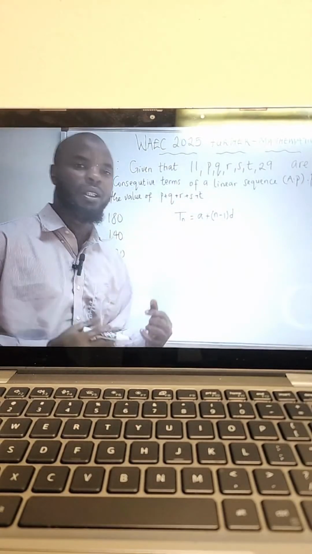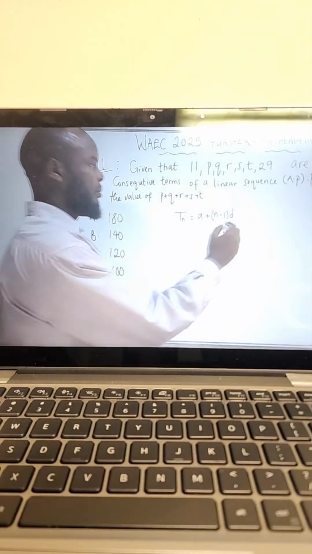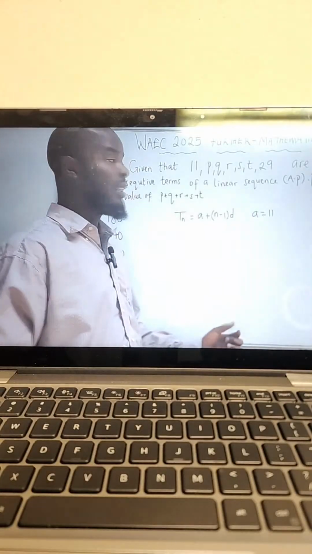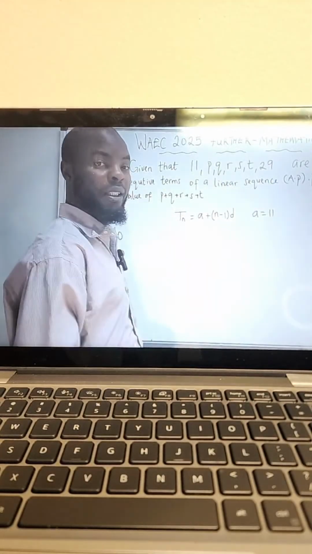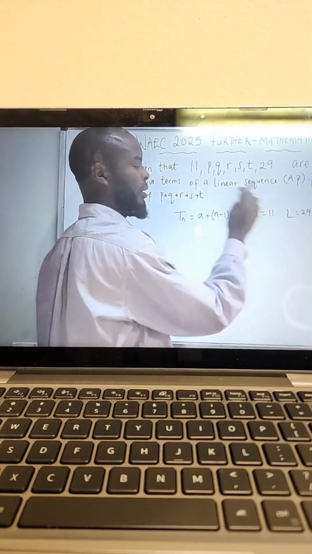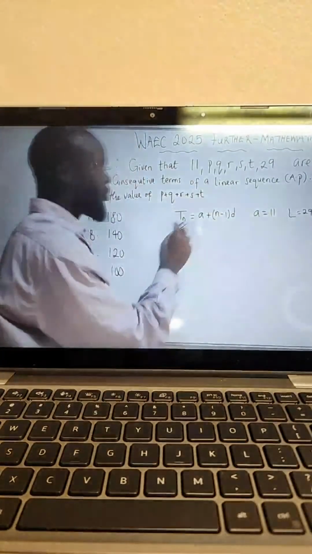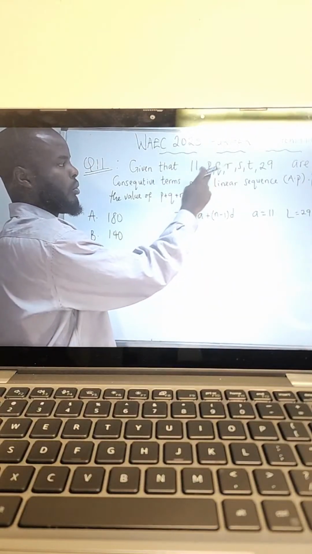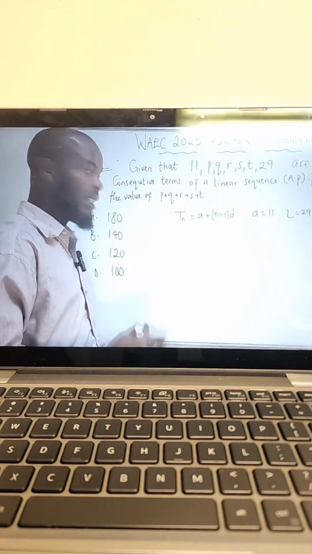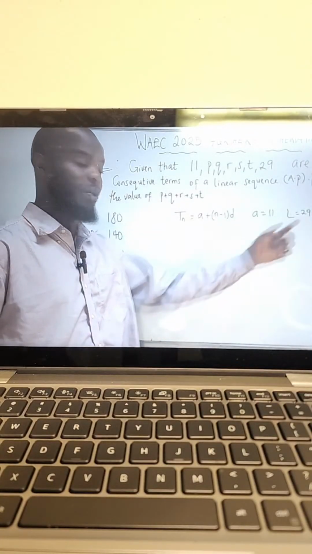Here, our first term is 11. You can say the last term is 29, but actually, we don't need this L. At the same time, this is 1, 2, 3, 4, 5, 6, 7, so the seventh term is the last term, which is 29.